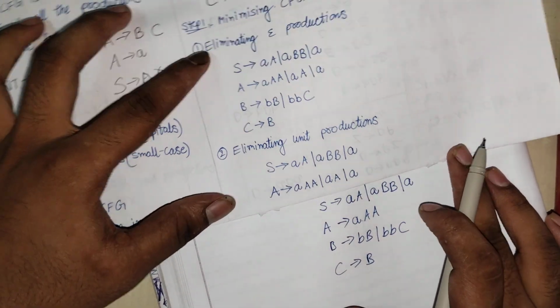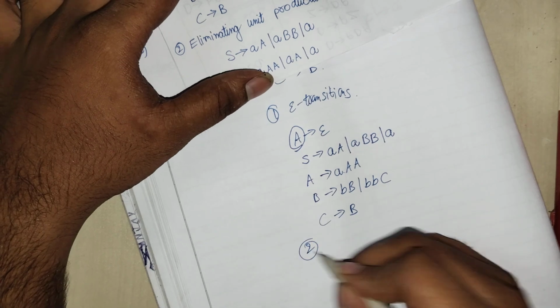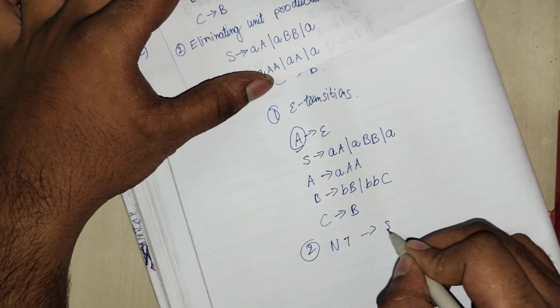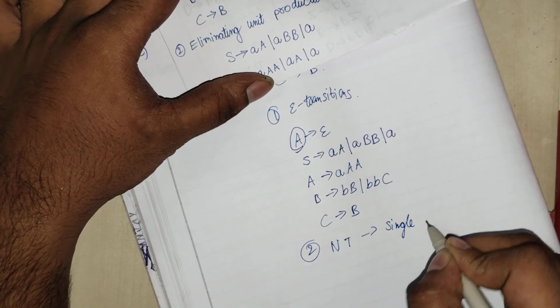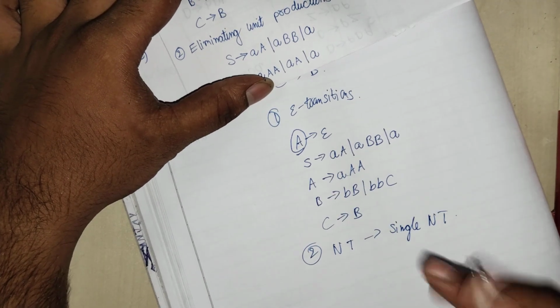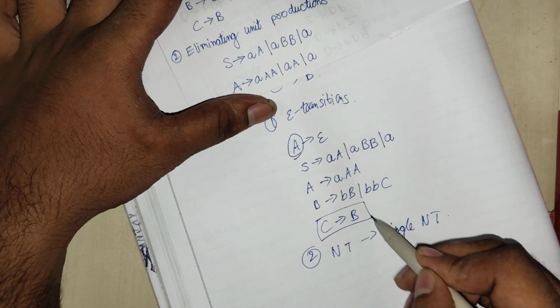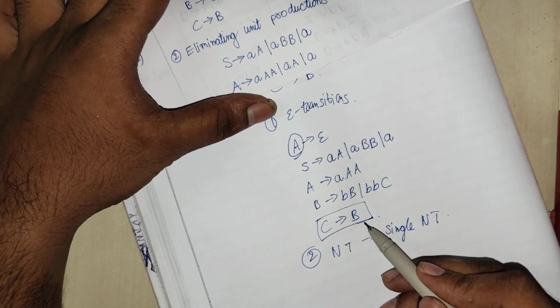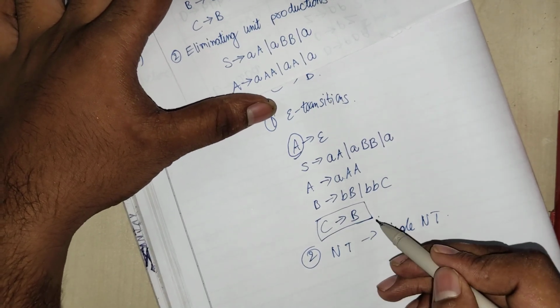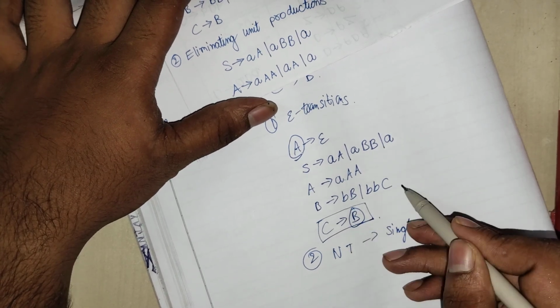The second step is eliminating unit productions. Unit productions are, as I have said, a non-terminal tends to a single non-terminal. So on the right-hand side there should be only a single capital letter. Find the productions like that. Yes, here it comes. This is a unit production. To eliminate this unit production, in place of this non-terminal, substitute its whole production.